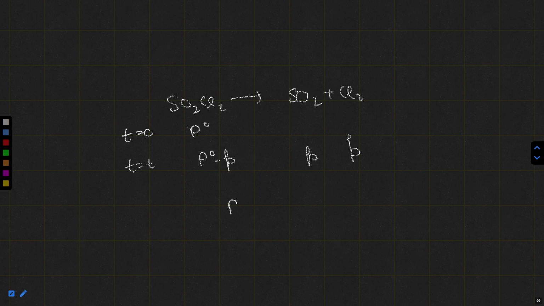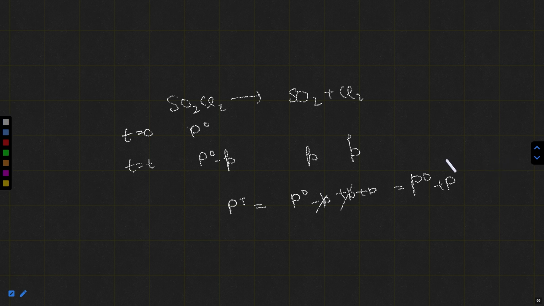Now what will be the total pressure? PT will be P naught minus p plus p plus p. The p and p will cancel, and it will be P naught plus p. Now this is the total pressure.